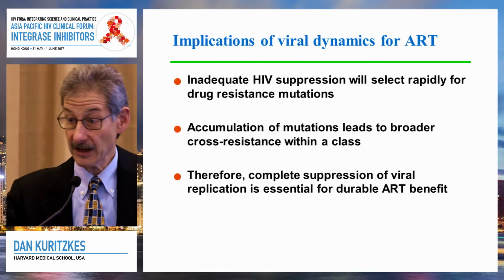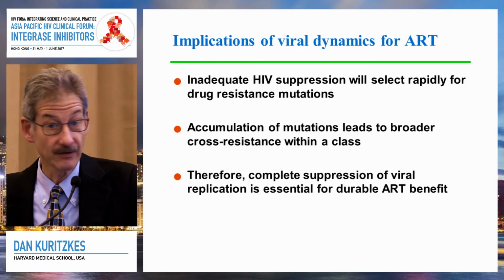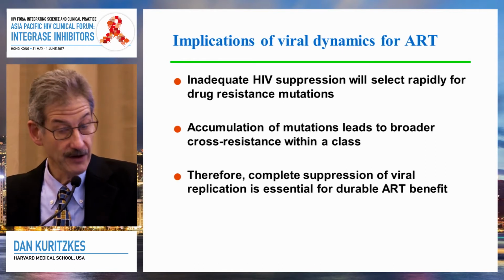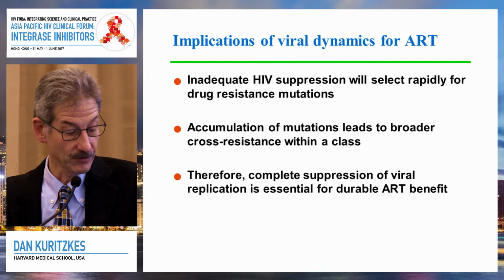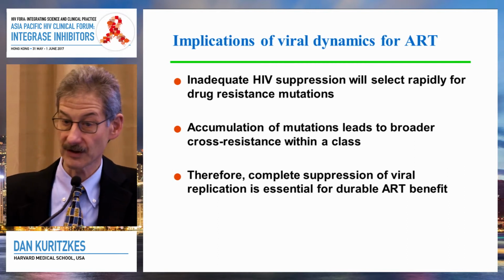So that means inadequate suppression will select rapidly for drug resistance mutations, and the accumulation of these mutations leads to broader and broader cross-resistance within a class.